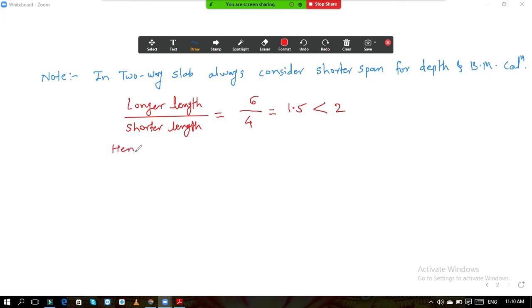Hence slab is to be designed as two-way slab. So we need to design this slab as a two-way slab.